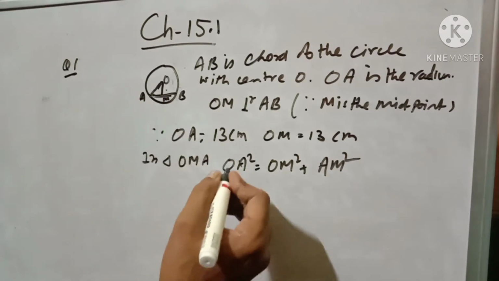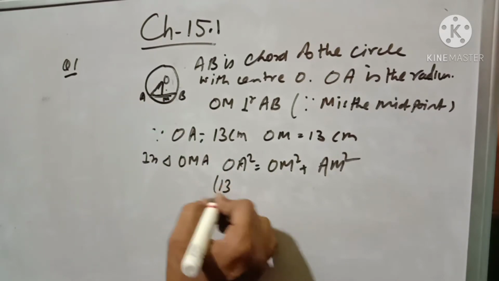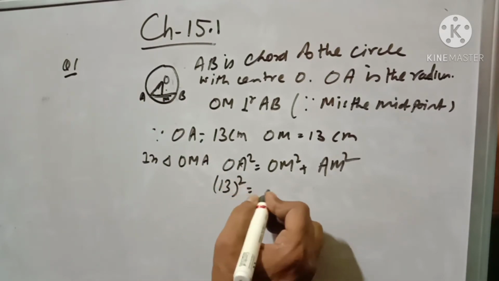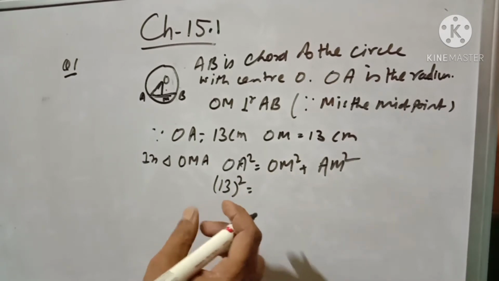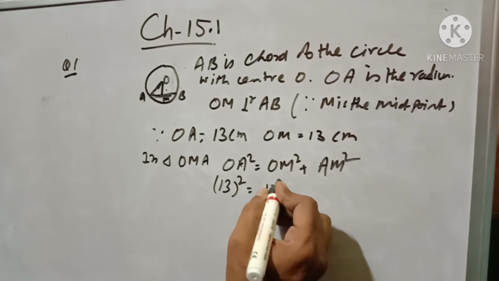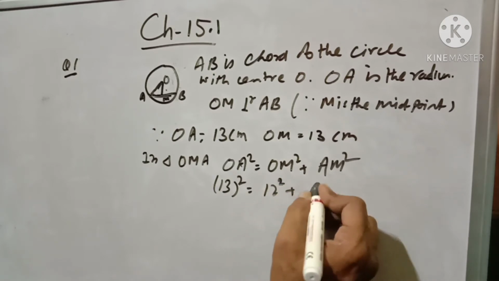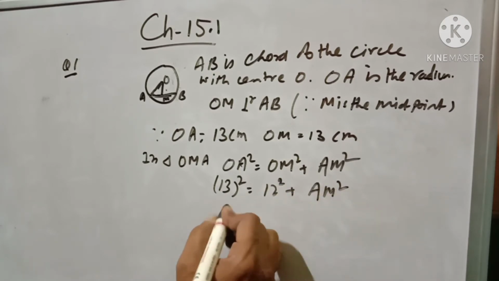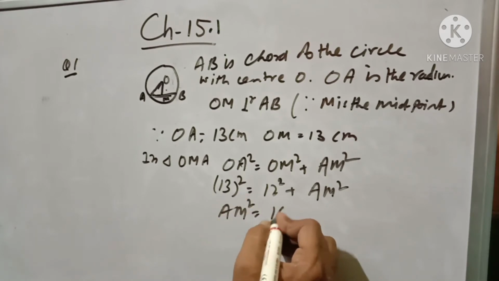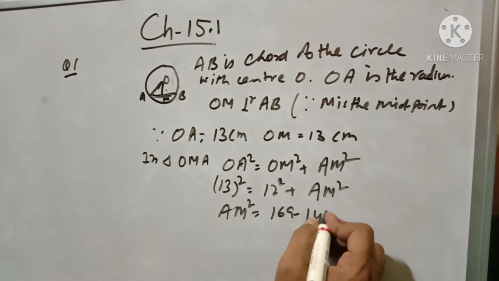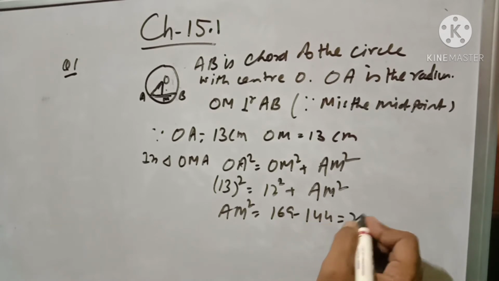Here the value of OA is given 13 centimeter, OM's value is also given, 12 centimeter, and AM we have to find out. Therefore AM square equal to 13 into 13, 169 minus 144, it will be 25.